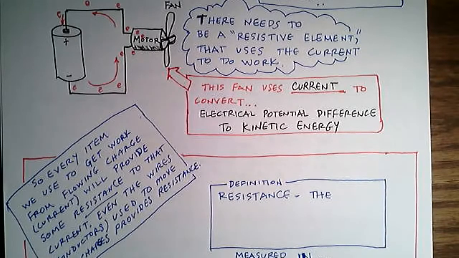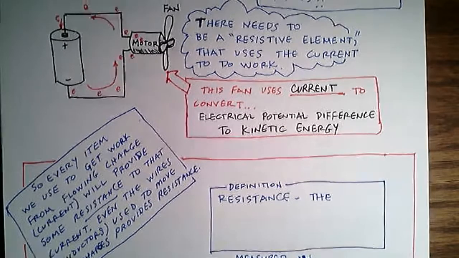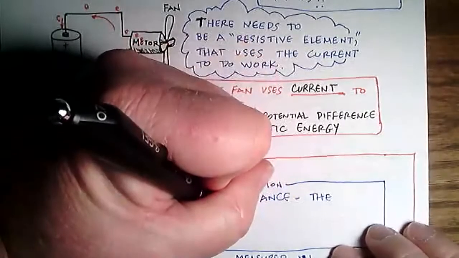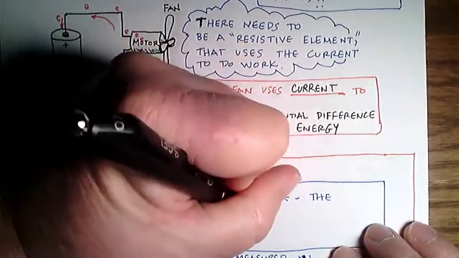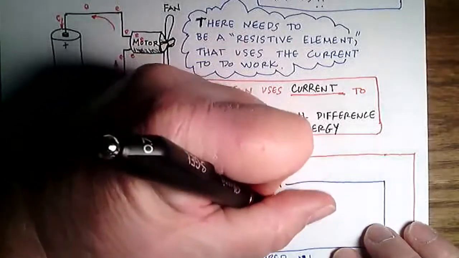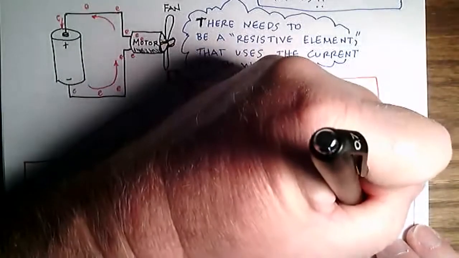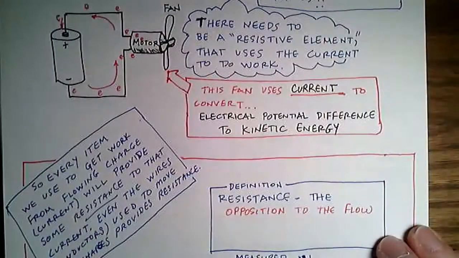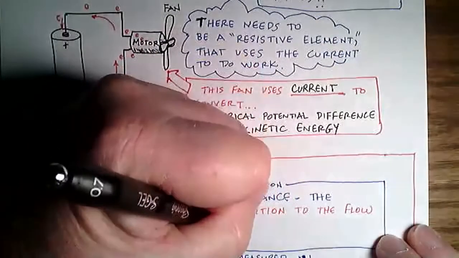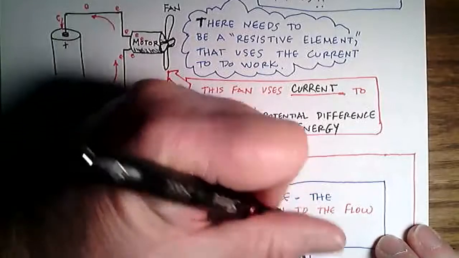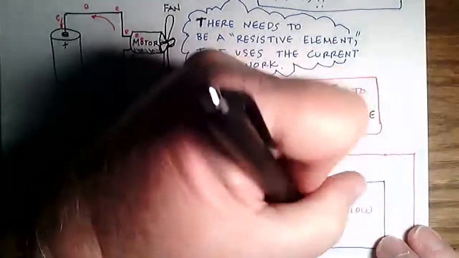It's the slowing down of charge in a conductor. So what they actually say, this is in the book, they say this is the opposition to the flow of current in a conductor.